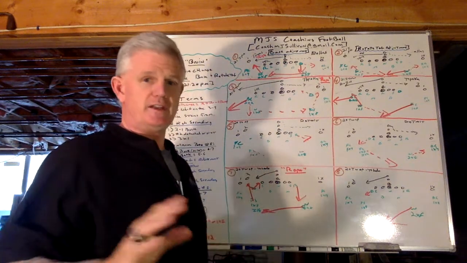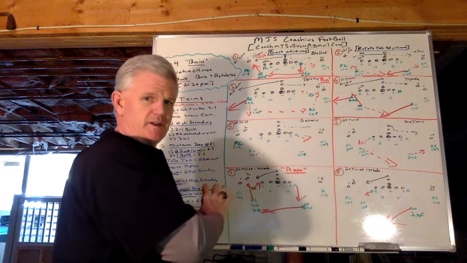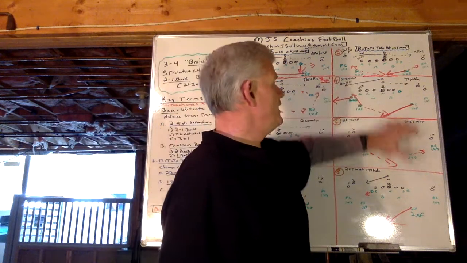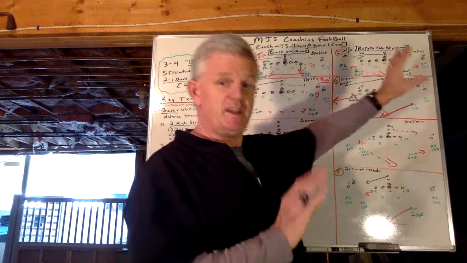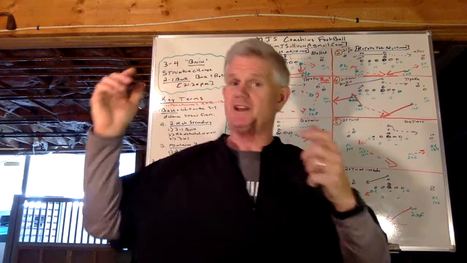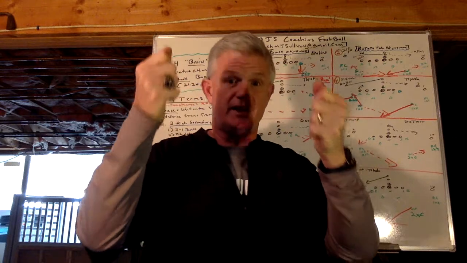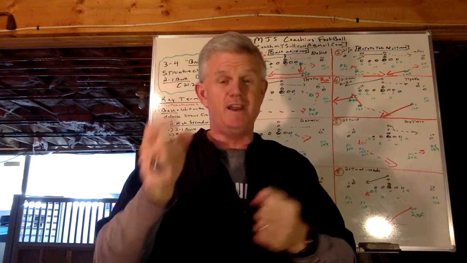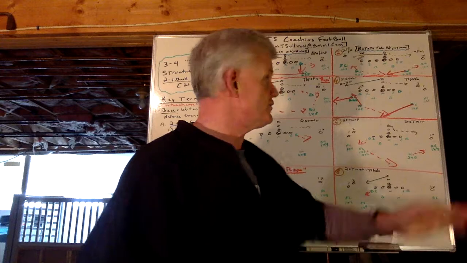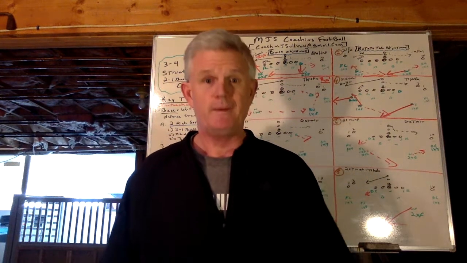Okay, and again, I'll get to why we start with that in a second. Over here, you can't stop the run. You need maximum box numbers. That means you got to take one of the safeties out of that structure. Match what they get. If they got 2 backs, you can go 2 high. But if they got 1, you got 1, so you can get the maximum box number.